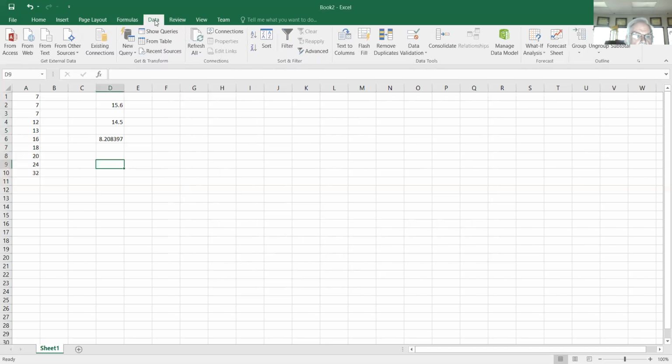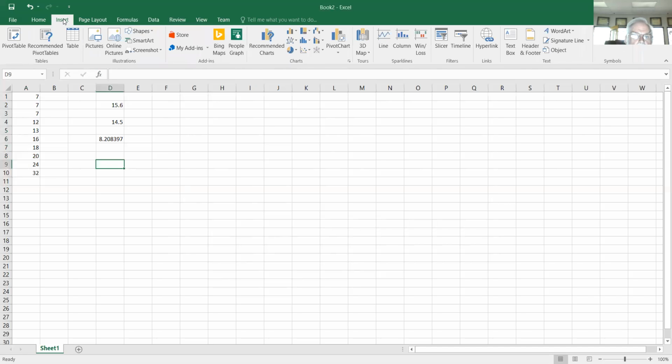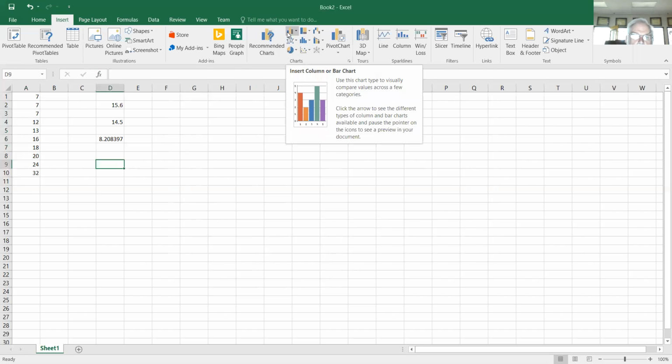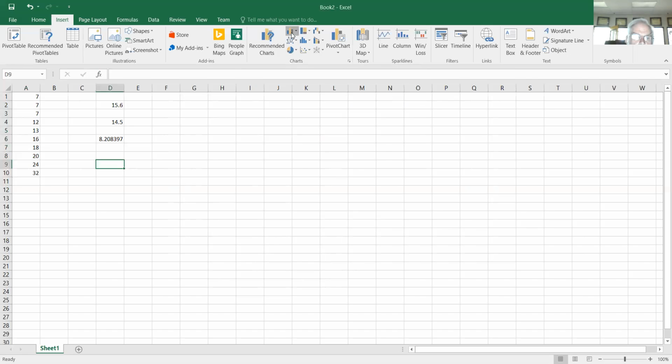Okay, data. It's an insert. Okay. Insert. Okay. So we have inserting tables. We've got statistical charts. We've got bar graph. So we're going to click on bar graph.